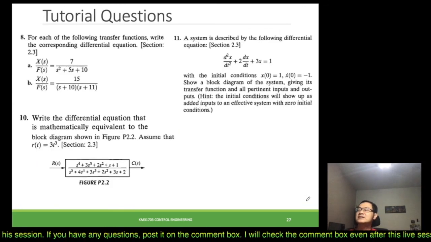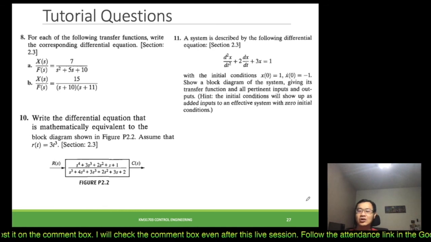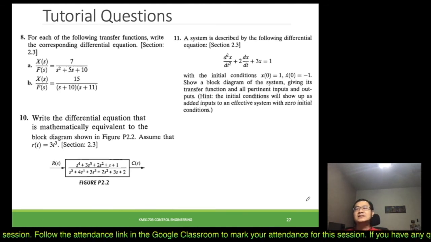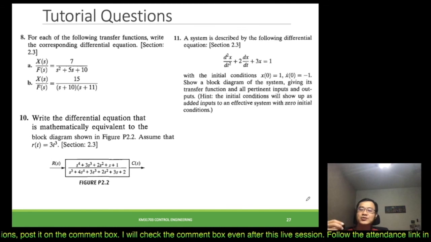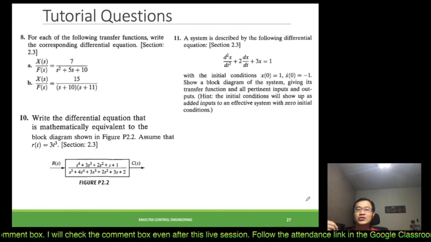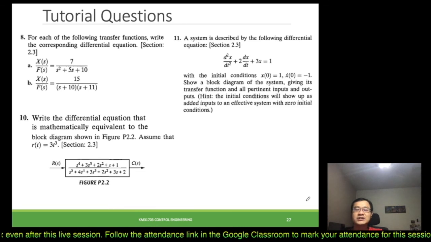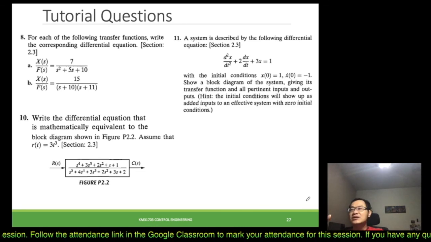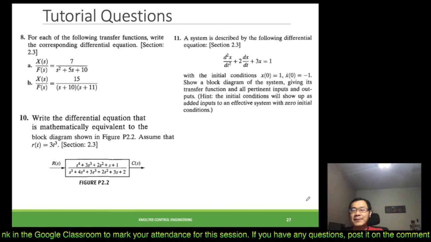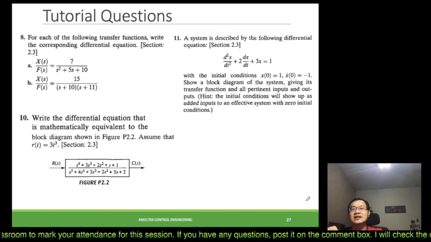Here are 3 tutorial questions that you can try on your own. These questions will help you refresh or revise what you have learned in differential equations and how it is now being applied in this course.